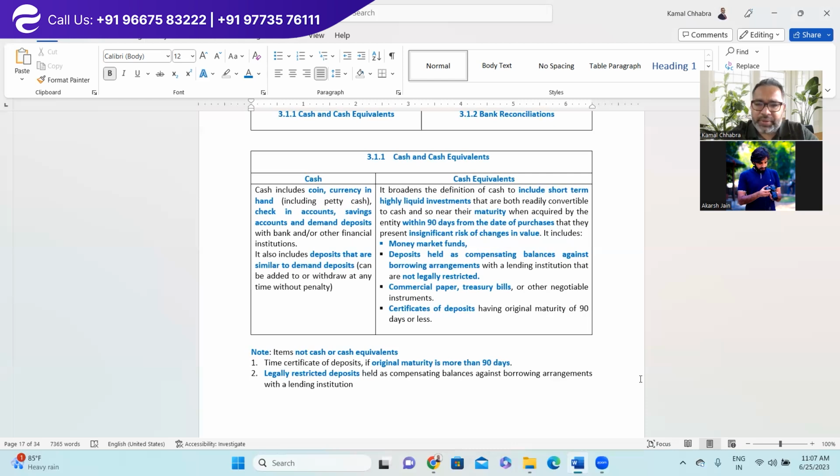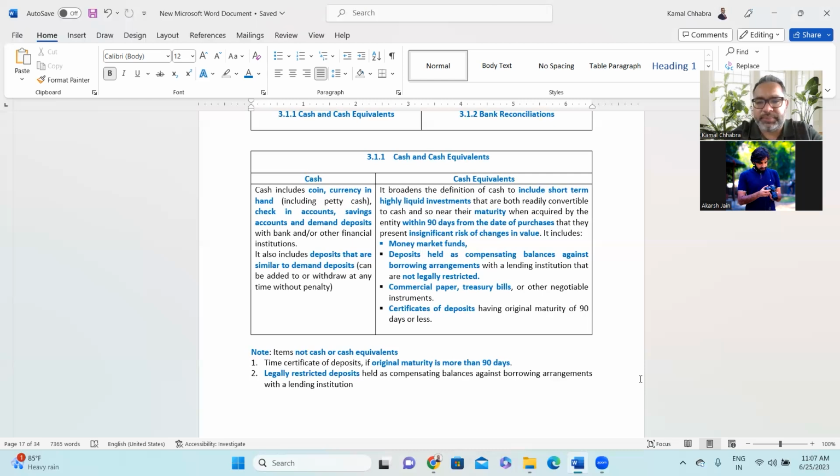To broaden the definition of cash, it includes short-term, highly liquid investments that are readily convertible to cash and so near their maturity when acquired by the entity, within 90 days from the date of purchase, that present insignificant risk of change in value. So it is short-term investments or other deposits with an original maturity.